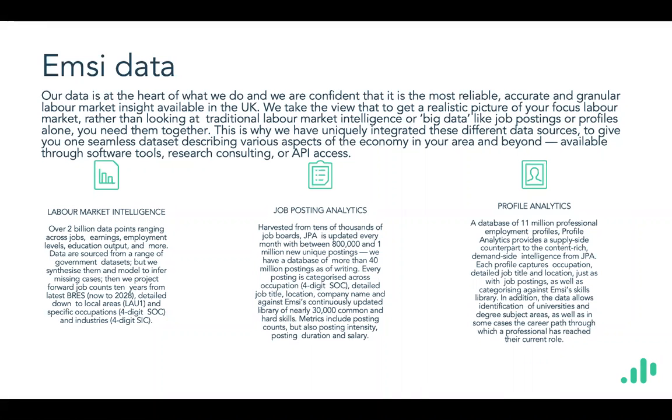You're seeing advertised earnings, not just the earnings that people report that they are earning, which we get from the official statistics, but what companies are advertising. We can also see what skills they're requiring, hard skills and soft skills, and which employers are hiring individually. So it lifts the lid slightly.